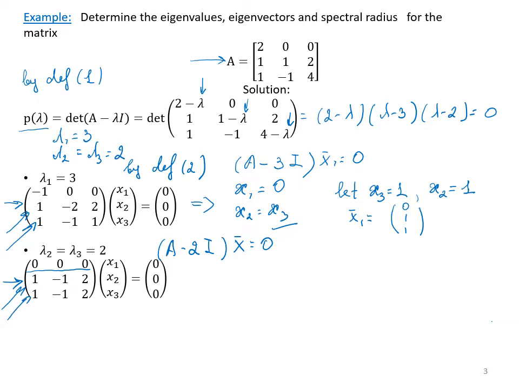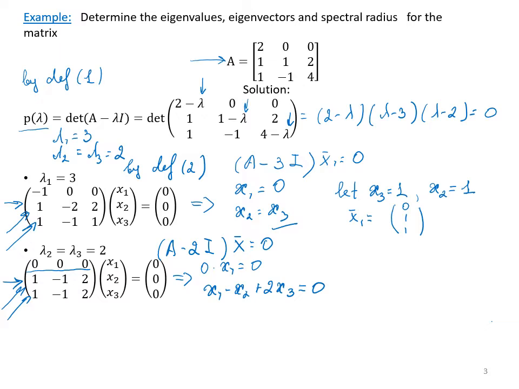It means the following. So x1 minus x2 plus 2x3 equals 0. We have just one equation.